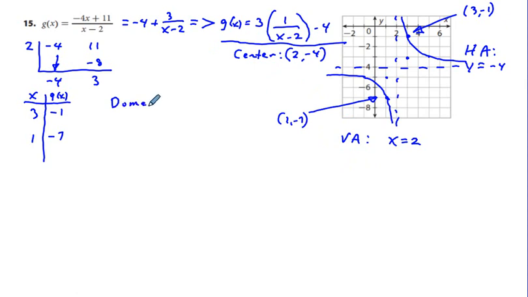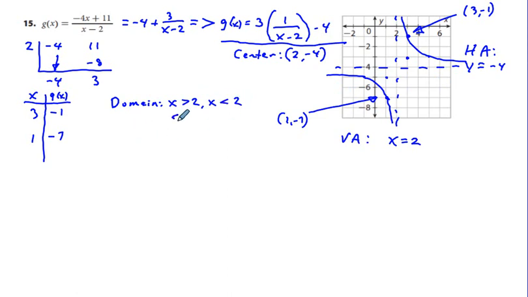Domain. The domain in inequality notation: our vertical asymptote is x equals 2. So we have x is greater than 2, and x is less than 2.